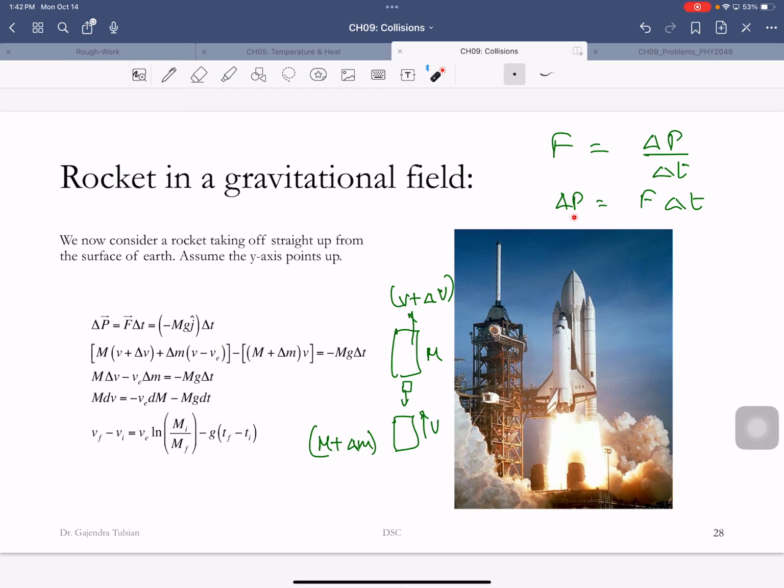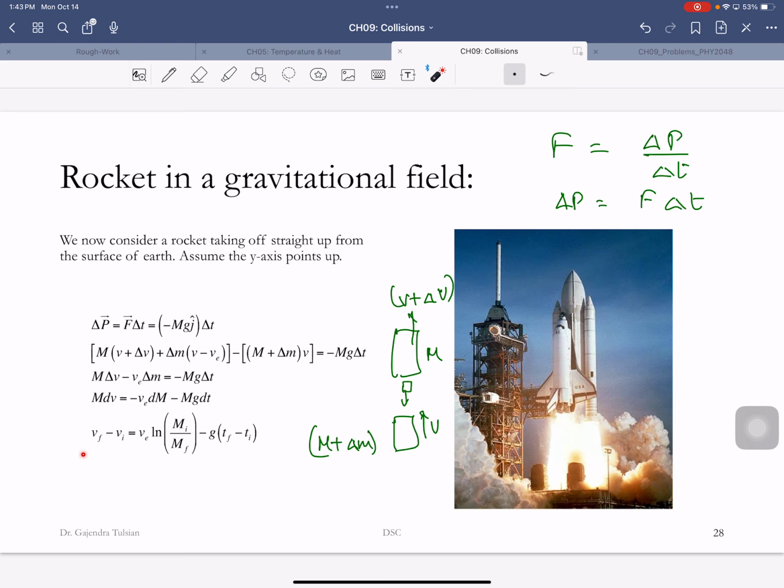That's the change in momentum, and that's equal to the force. The force was the weight of the rocket times delta t. So here's an equation accounting for gravity, and you can rearrange all of that, and that's the equation you get.